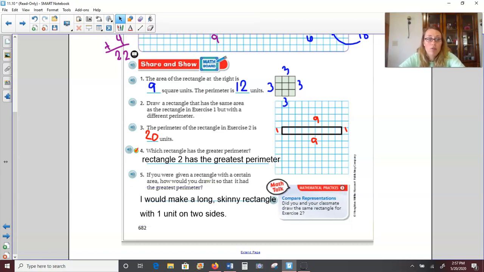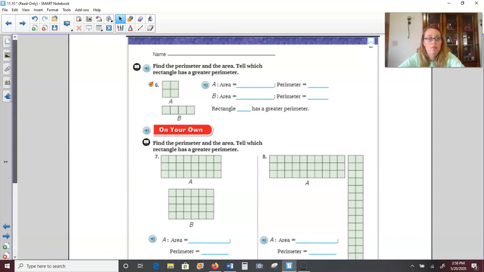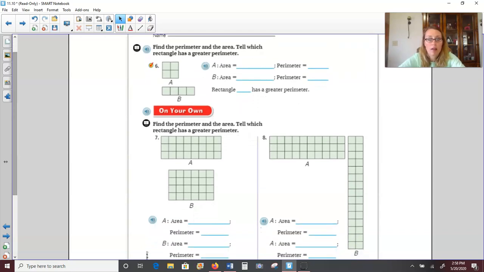But if you do 2 sides that have just 1 unit, it's going to be a very long, skinny rectangle. And that means it's stretching out the perimeter, because instead of bunching the area together so you could just quickly cover the outside, you're taking the area and stretching it side by side, and you're taking up a greater distance around. Hopefully that makes sense, that you're seeing these shapes. Sometimes it's confusing when I say it out loud.